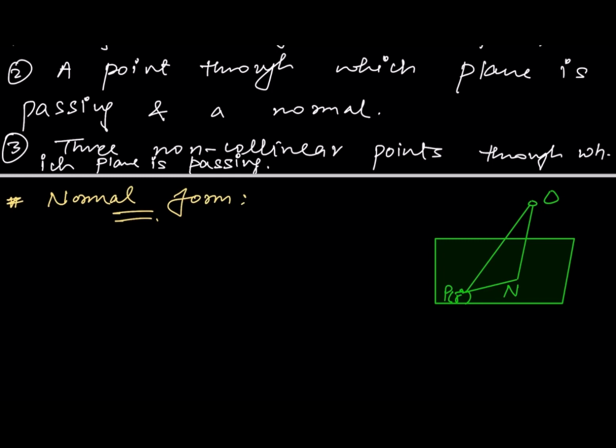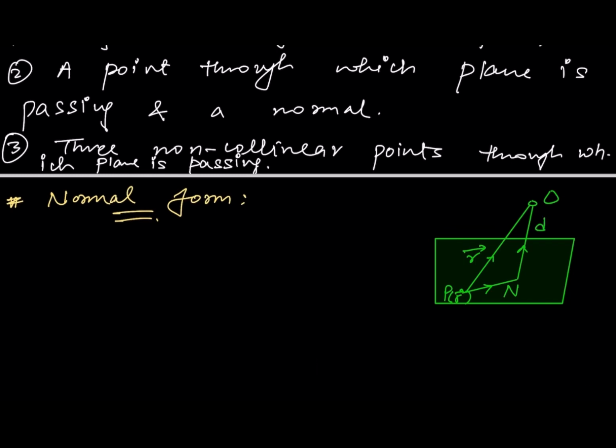And PO vector is nothing but r vector, and we are taking r vector in the direction from P to O, right? So this is from P to O, and this is PN vector directed from P to N, and this is NO vector directed from N to O, and this is the distance d from the origin to N.